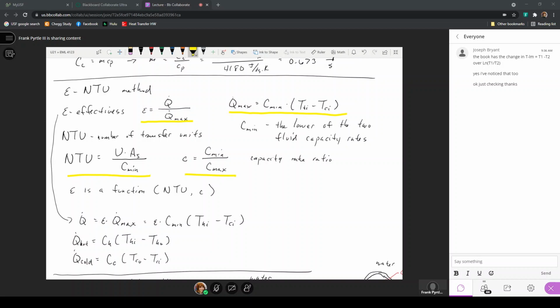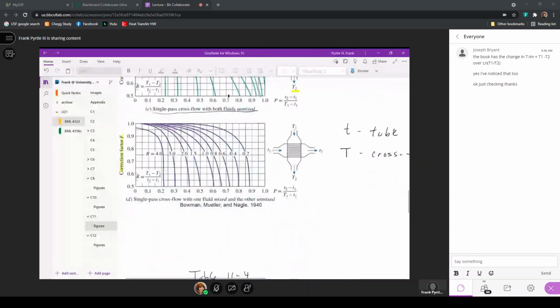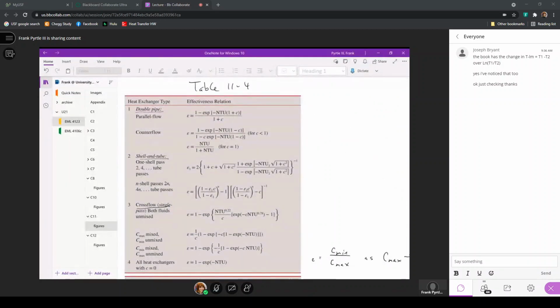And here we use a set of tables. Actually in your text, there are figures that are representations of these equations that are presented in the table that we also reviewed the last time. Table 11.4 has the effectiveness as a function of the number of transfer units and the capacity rate ratio.